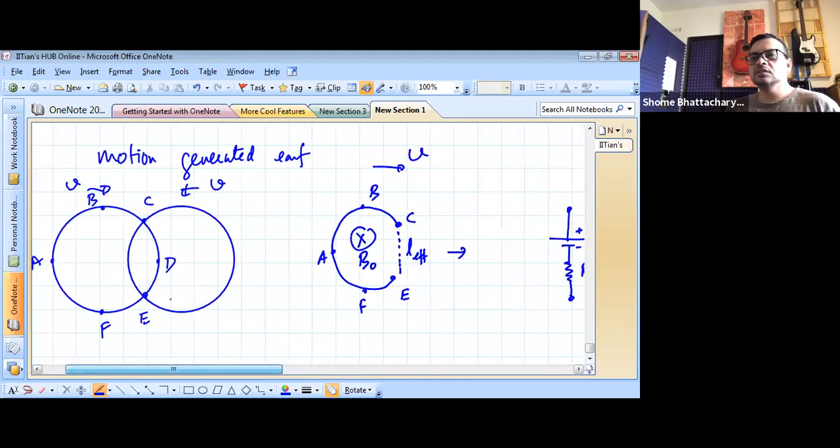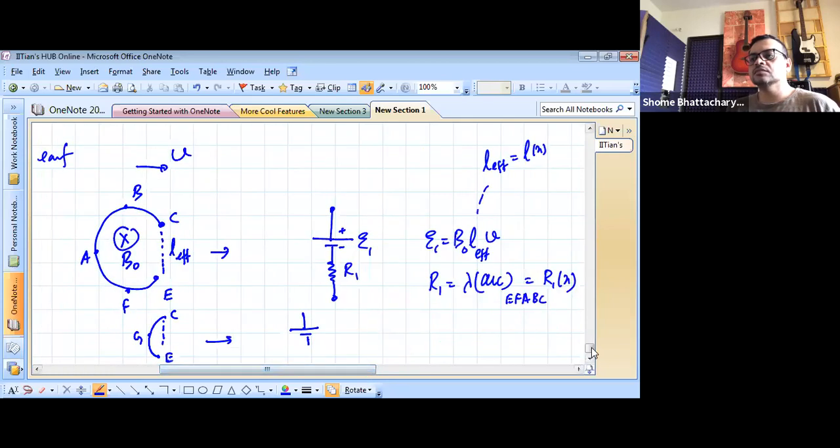Now similarly, suppose this is G or whatever, this section which is moving, CGE, also becomes the same sort of battery, but with some different resistance.